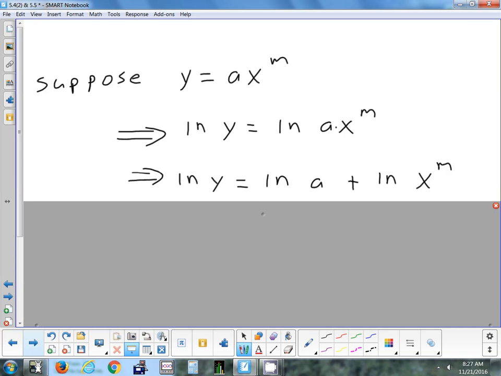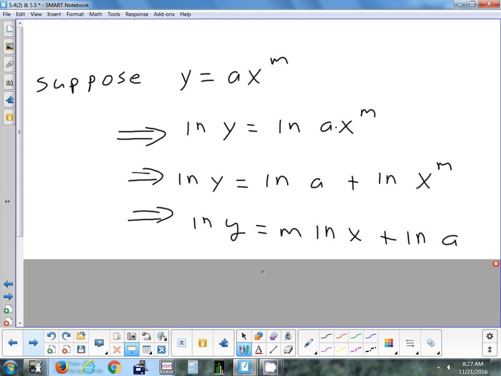It splits as addition. So I could write it as natural log y equals natural log a plus natural log x to the m. And now something we probably did earlier today: that exponent of m, what can I do with it? I can put it in front.